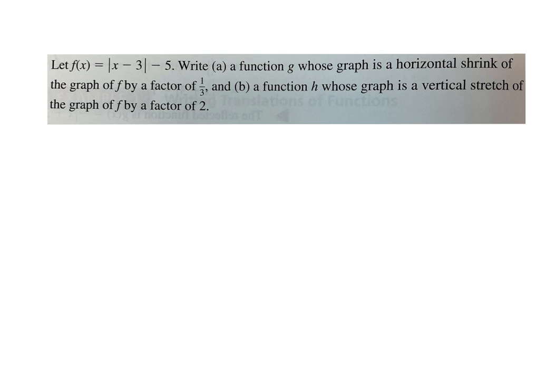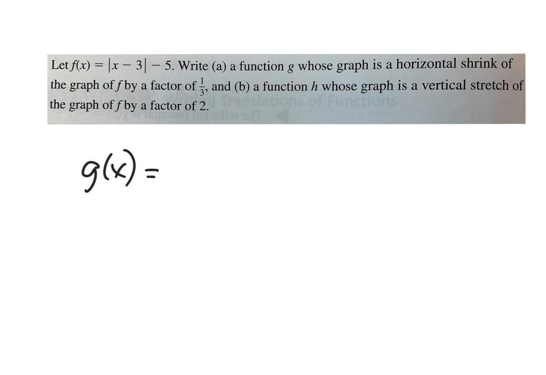All right, let's do a couple of problems here and we'll be done. Let f of x be that absolute value function. Write function g, so I'm going to start with g of x, whose graph is a horizontal shrink of the graph by a factor of 1/3. Now that 1/3 has got to be inside the absolute value because it's horizontal.